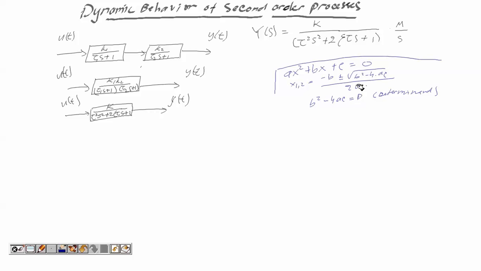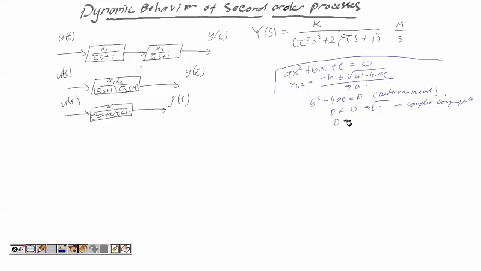If the determinant D is less than 0, then we get the square root of a negative, and the quadratic equation will produce complex conjugate roots.